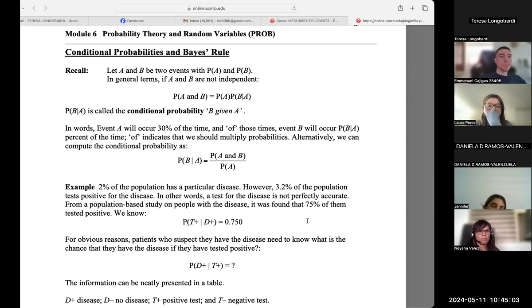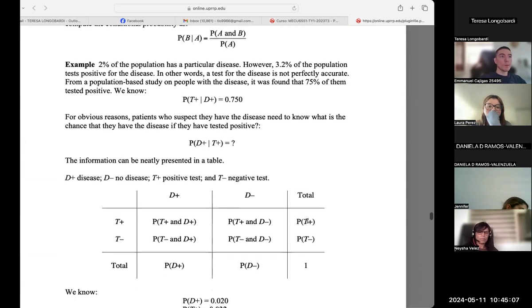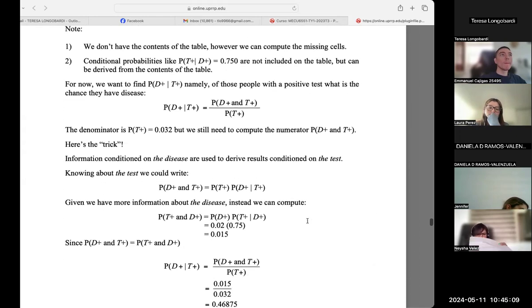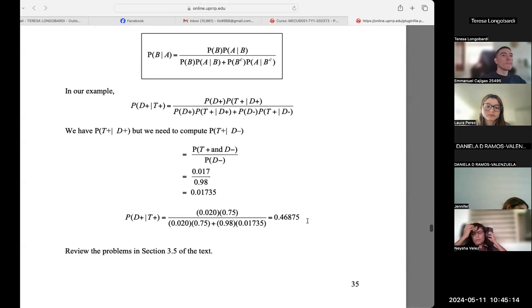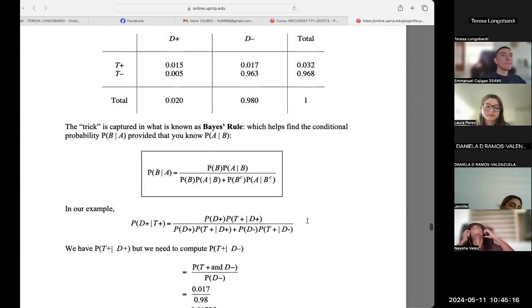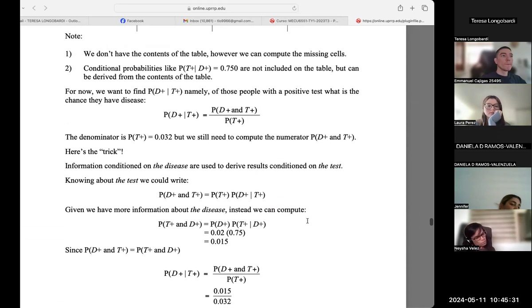One is Bayes rule and conditional probabilities, and it looks very intimidating, but it's not. I'm not going to put Bayes rule on the exam, but this is really important stuff. I think it's really important, and it's very, very interesting. So I do want you to spend some time on it.